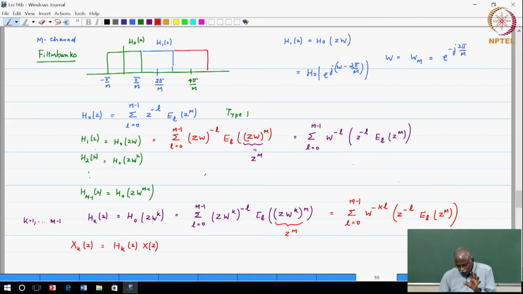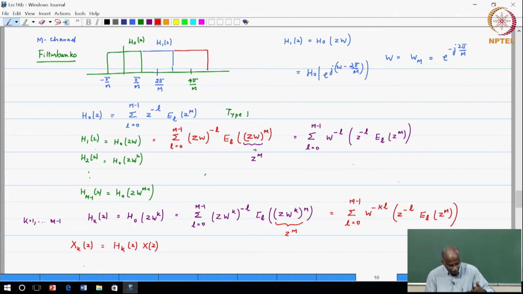Now, if you go back and review your basic DSP principles of when we write an input output relationship in terms of a transfer function, and carefully look at this structure that we have obtained, what you will find is that H0 through H_{M-1}, there are M such outputs.